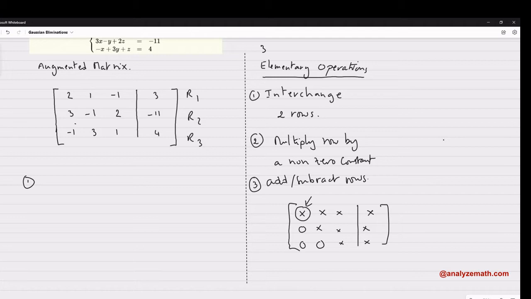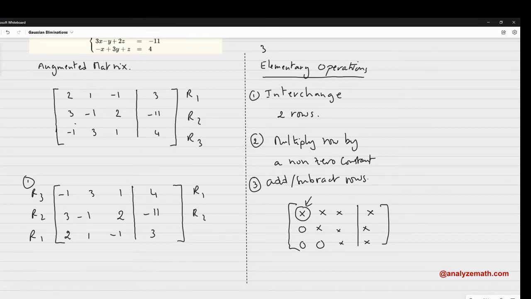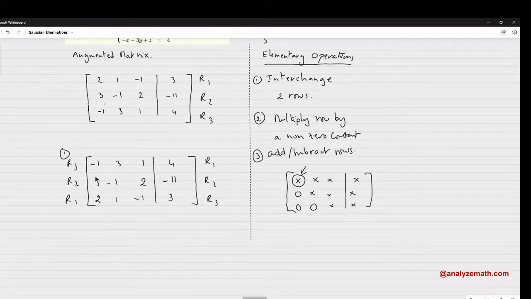So this is row 3 here, and this is row 1 here, and this is unchanged. Now the new row 1, row 2, row 3 are here. Now we need to make this 3 a 0 here, and we need to have 0 here. How do we do this? We are going to multiply by a constant and then add rows.